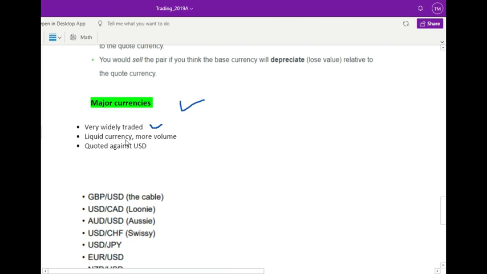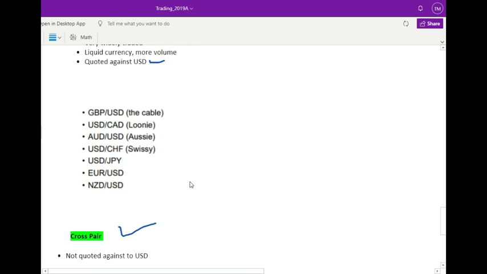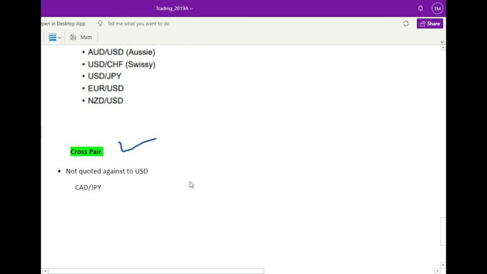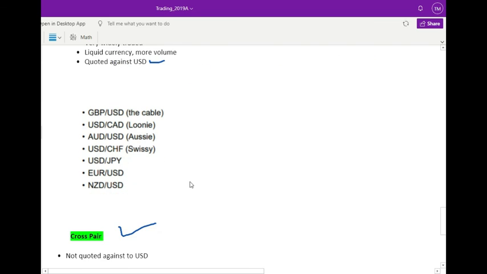They have more volume, with lots of people trading. They respect patterns from past years that people have traded, right? They are mostly quoted against USD. It's not always the case.